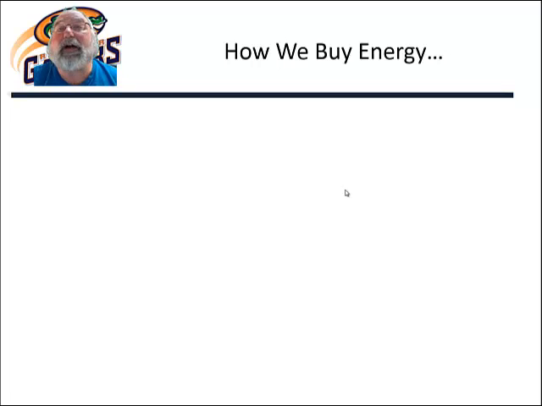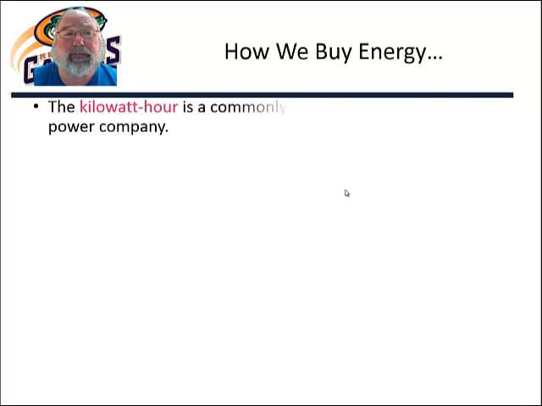Now, how do we buy energy? We talk about this here, even though it's really an electrical topic, but at home we purchase energy, and this is how we purchase it.